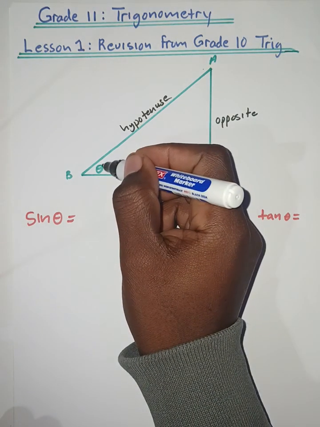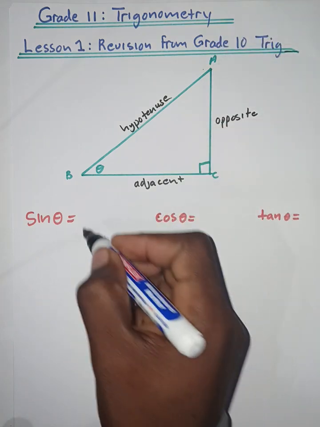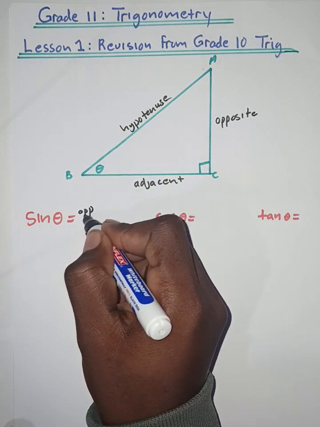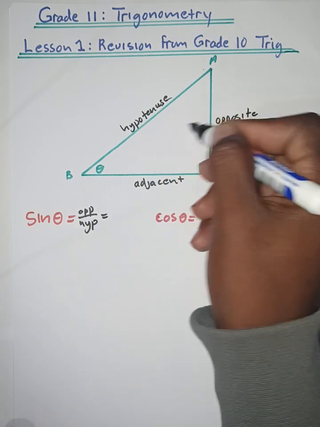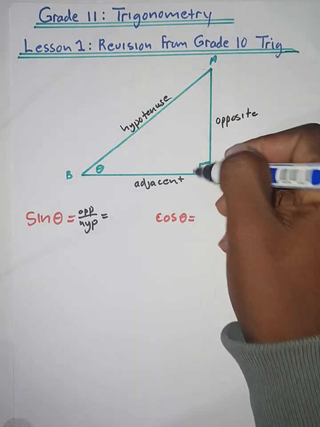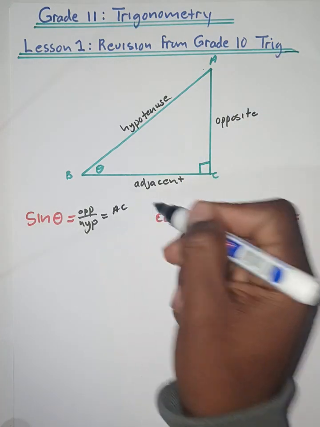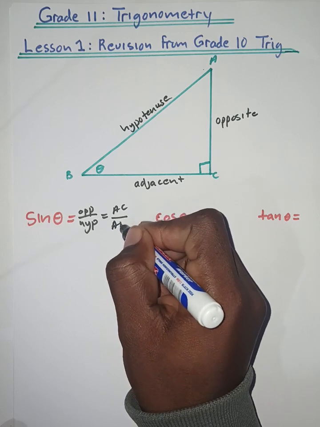If I'm standing on that vertex there, the opposite would be AC. So in this right-angled triangle, the opposite would be that side AC, and the hypotenuse would be AB.